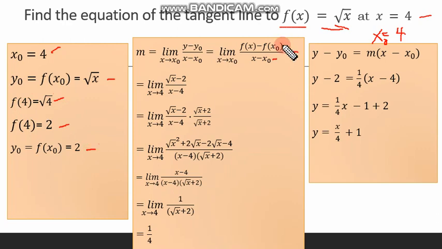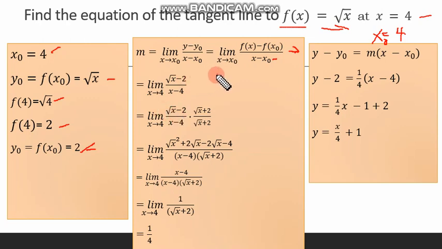Now we could solve the limit, or the slope of a tangent line. So the limit of the square root of x minus the f of x sub 0, which is 2, over x minus the x sub 0, which is 4, as x approaches 4.